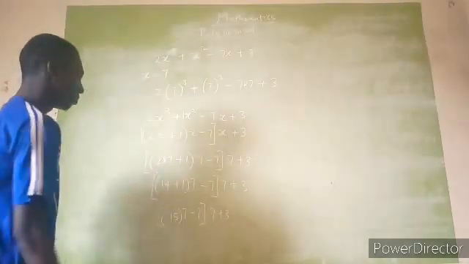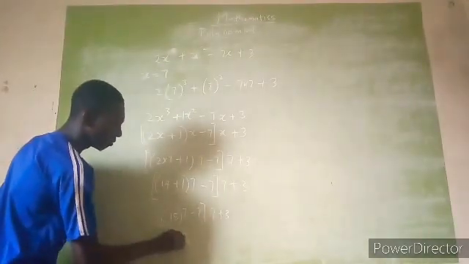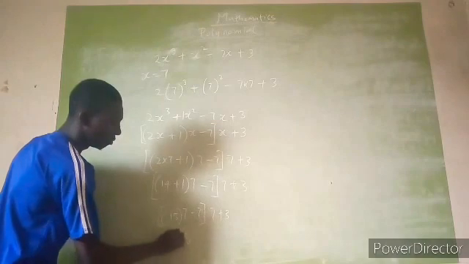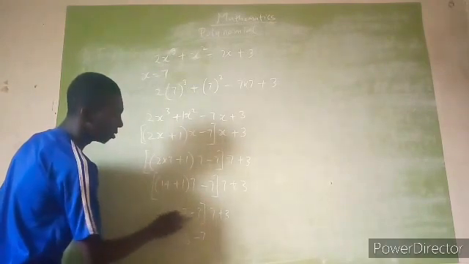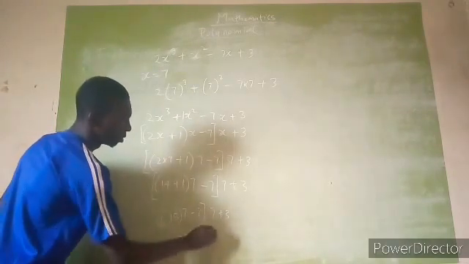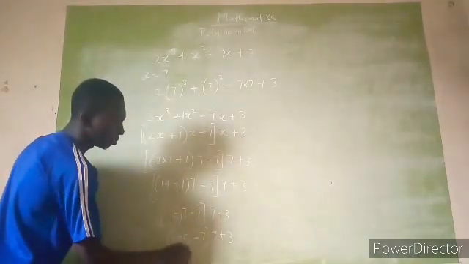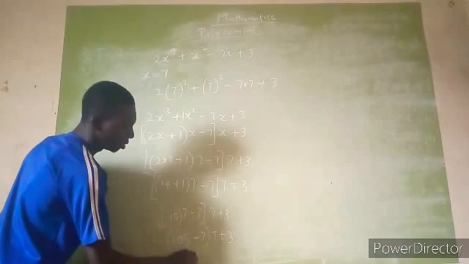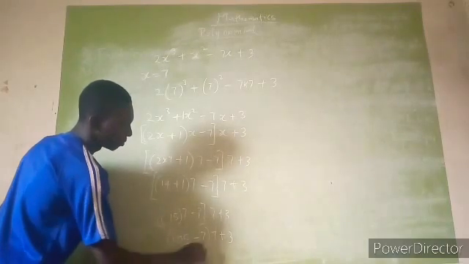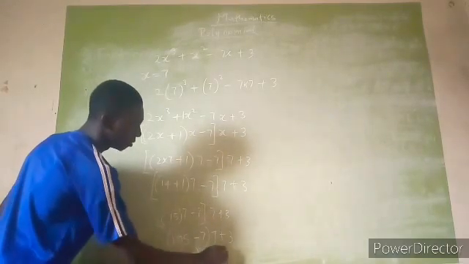Now, 15 times 7 is equal to what? 105, right? 105 minus 7 is in the bracket now, times 7 plus 3, right? 105 minus 7 is equal to 98, right? Times 7 plus 3.